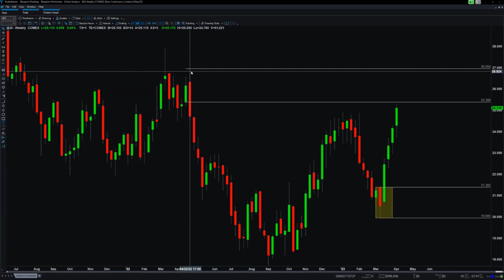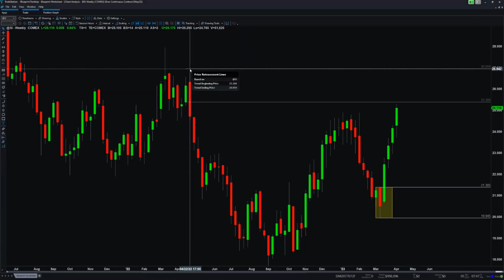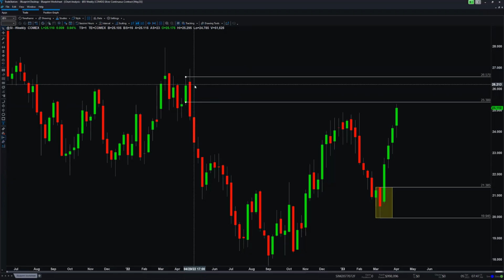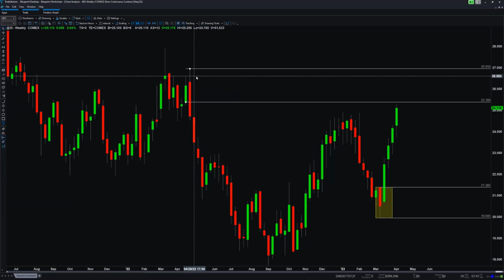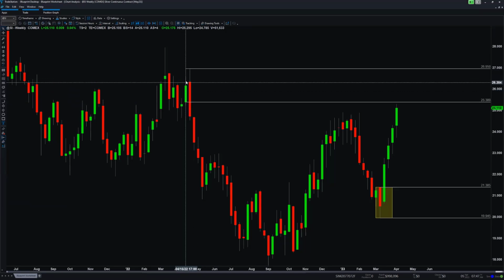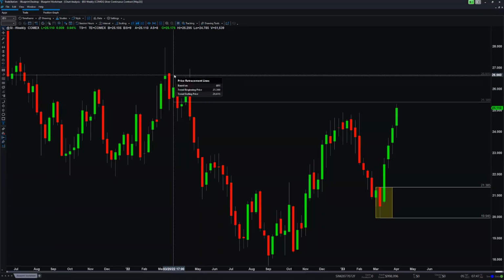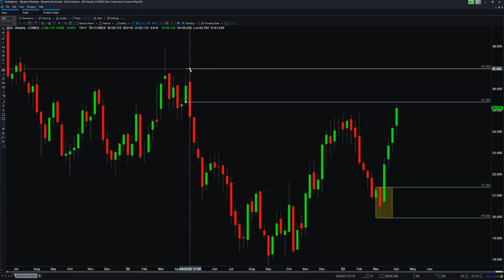And then I just have to put my distal here, in this case, as part of the leg out. But if the leg out was smaller, then I would also use this candle here as a part of the leg out, right? So that's usually what I do. I use that as a reference, and then I use whatever would be the highest wick here. In this case, it's just here.